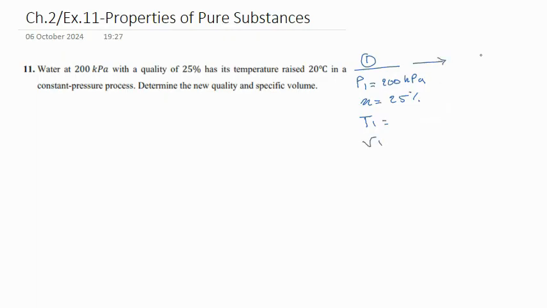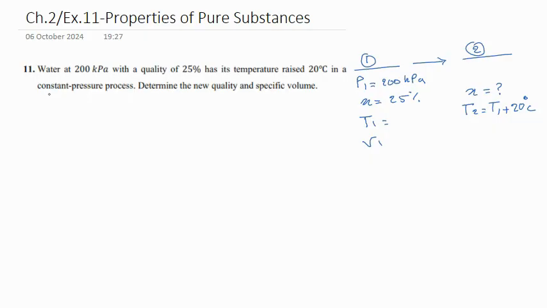Now the state has changed to state 2, where the temperature is the same as the first with an additional 20 degrees Celsius. We need to find the quality here, and with these two given properties it is not enough to know the state, so we have to read the question carefully.